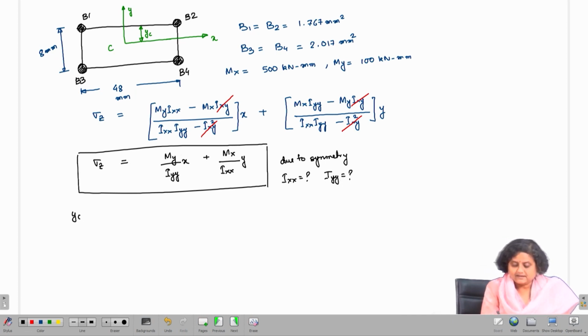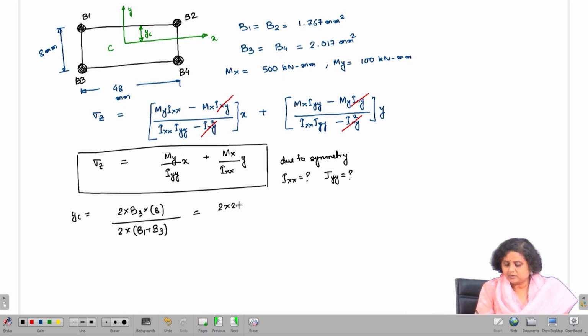Now, YC, if we measure about the top flange, is going to be 2 into B3 into 8 by 2 into B1 plus B3, that is going to be 2 into 2.017 into 8 by 2 into 2.017 plus 1.767.